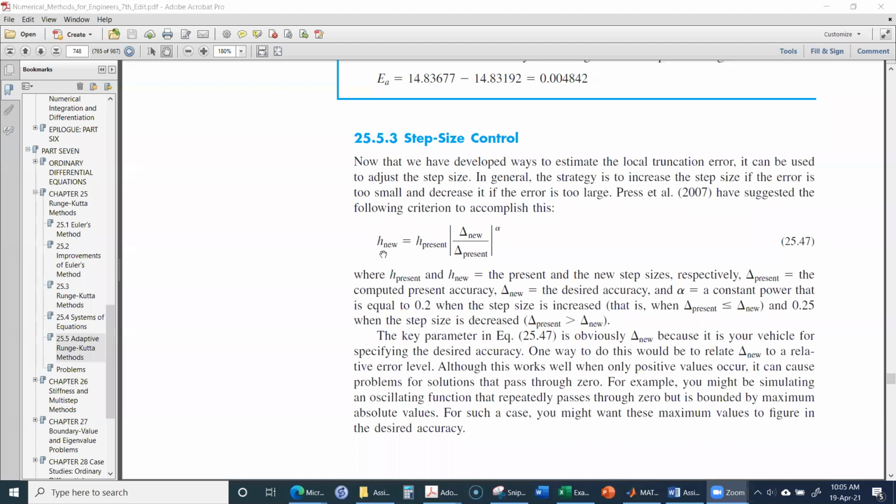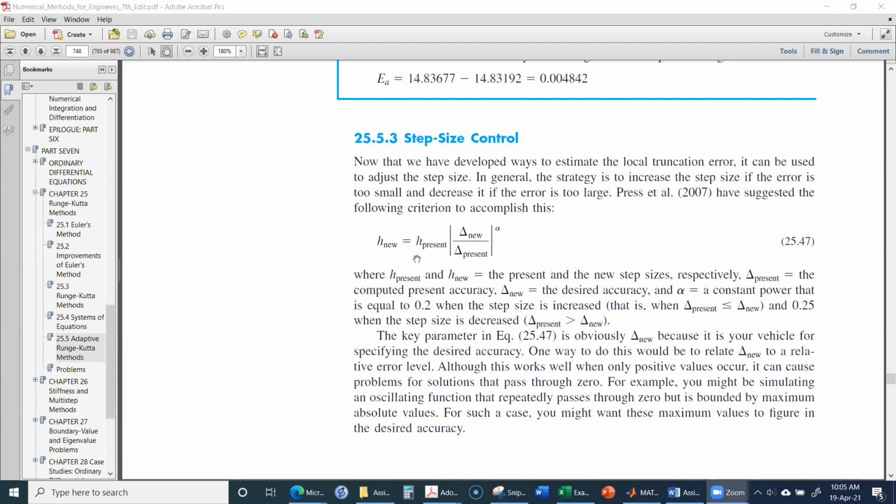For modification of the step size, we have this formula: h new is equal to h present times the absolute value of the ratio of delta new to delta present, to the power alpha. This formula is proposed for modifying the step size.